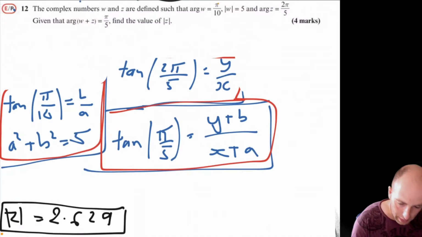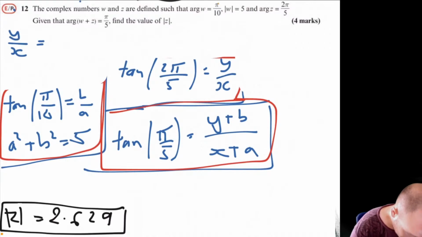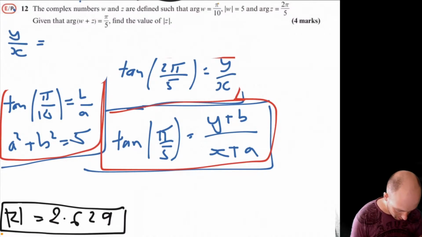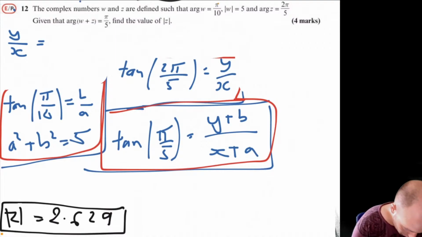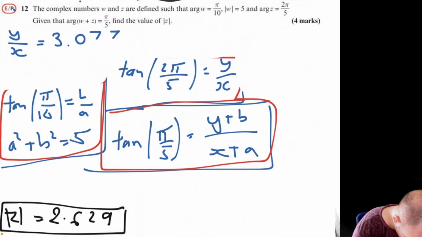So I'm going to do this with the calculator, straight in with the calculator, so we know y over x is tan 2 pi over 5, which is going to be 3.0. As long as we go one decimal place, we should be right. So 3.0777. So that's that equation used.